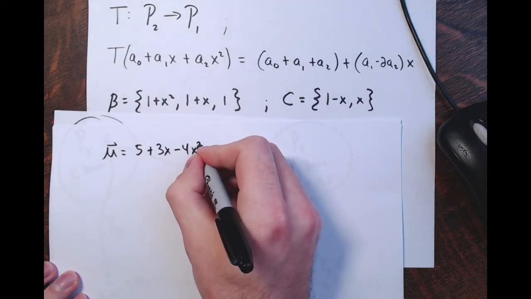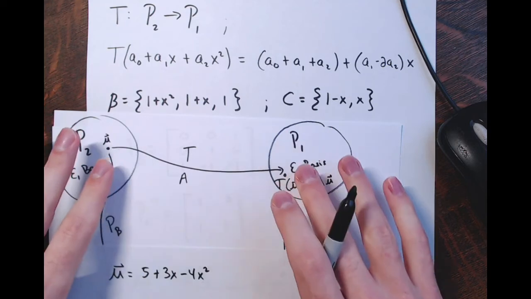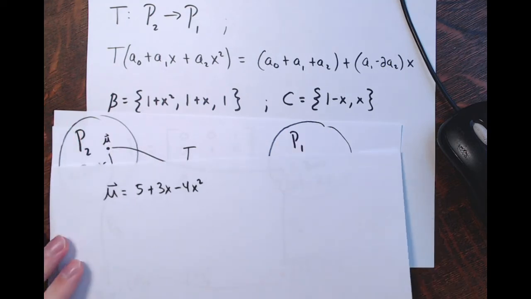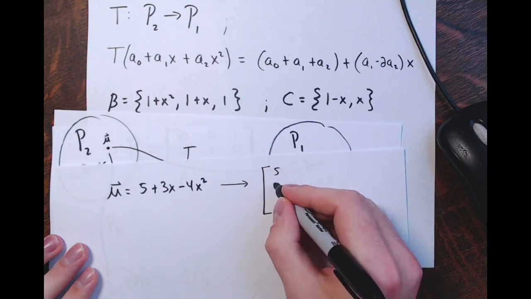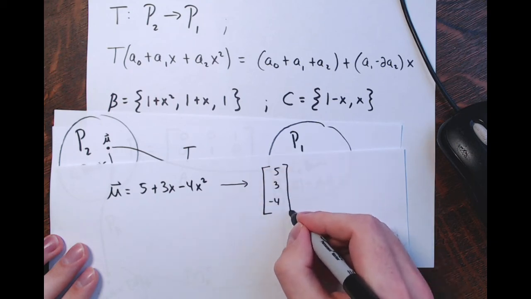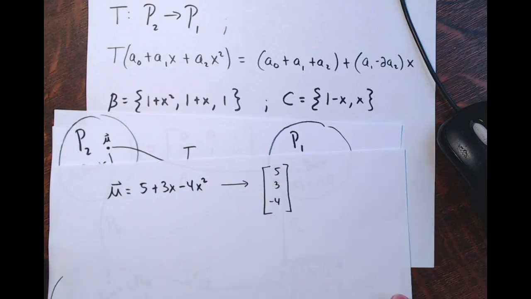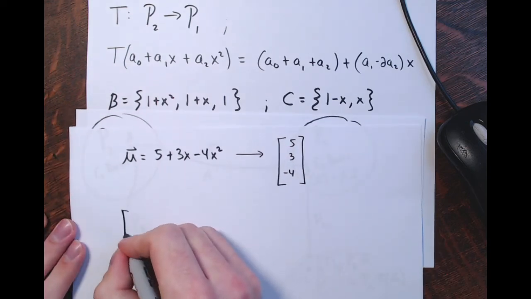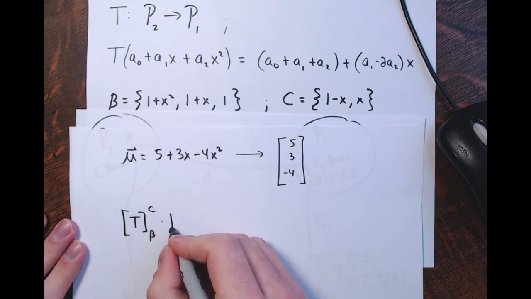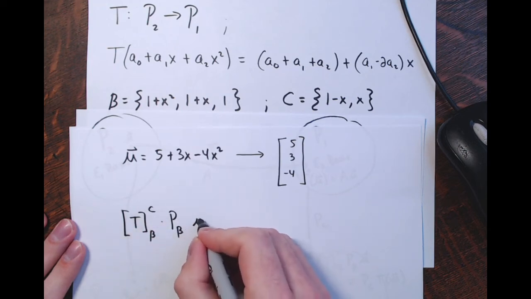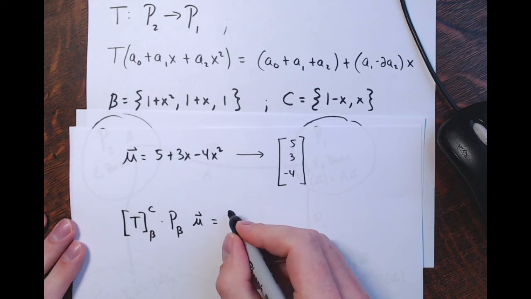But again, every time I see something on my map here, it's in coordinates. So U should be in coordinates relative to the standard basis, which would be 5, 3, negative 4. Okay, so that's going to be my U here.